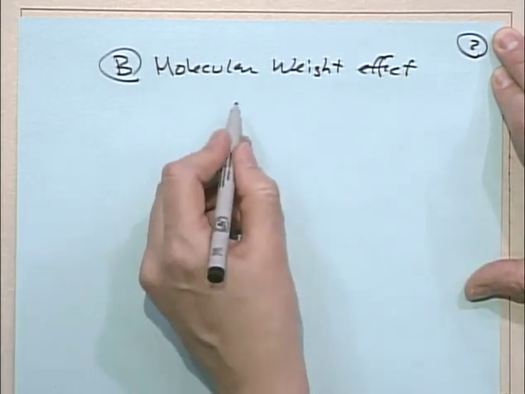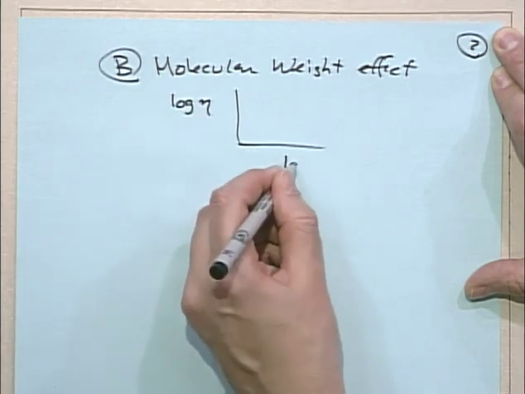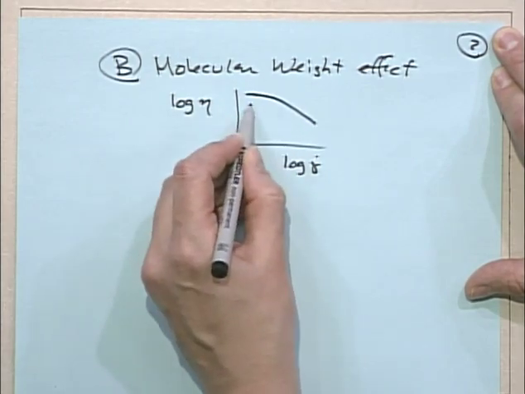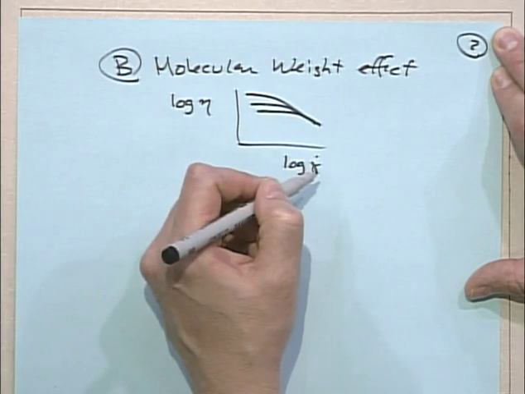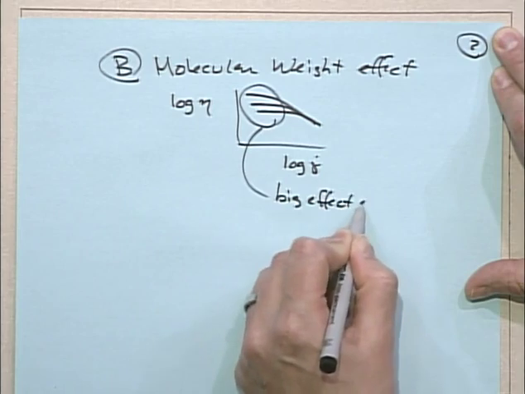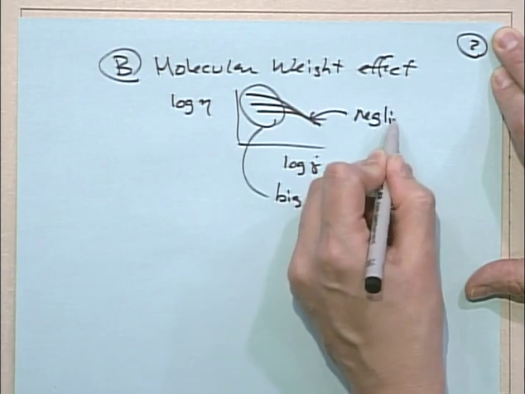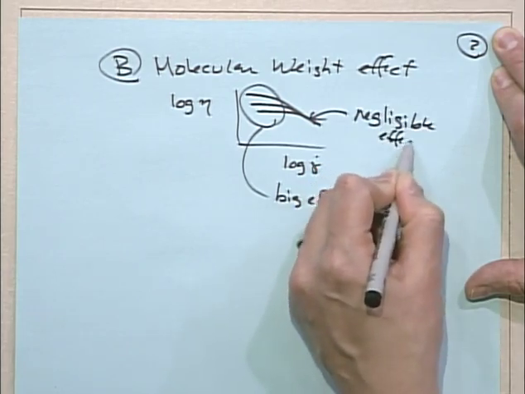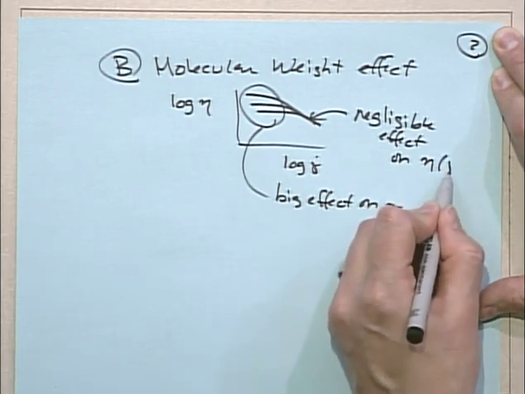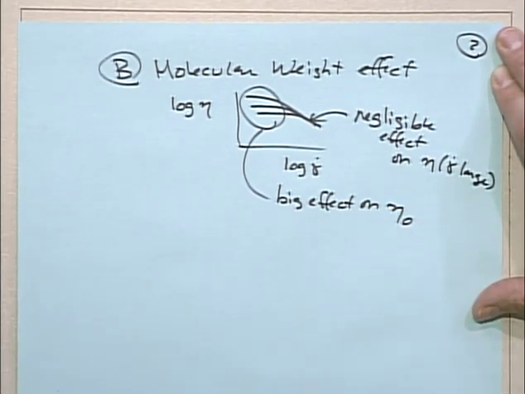Two things that we noted. That both viscosity and first normal stress coefficient, as a function of shear rate, had a strong effect, but the effect went away at large rates. So there's a big effect on eta naught and a negligible effect on eta as gamma dot large, high shear rates.